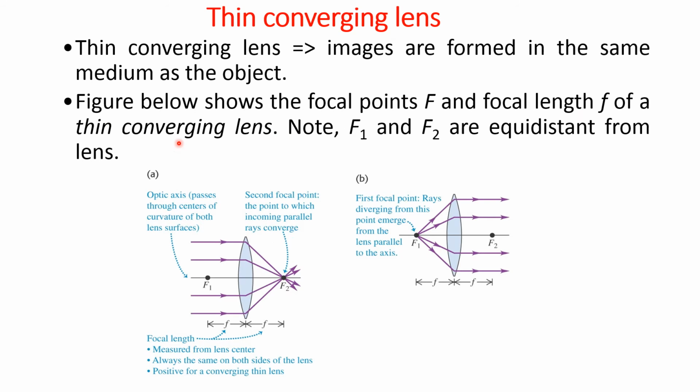Then why some lenses are called converging lenses? It's because when we have a parallel beam of light from infinity, when it reaches a converging lens, the light rays after refraction meet at the same point, means they are converging to the same point.